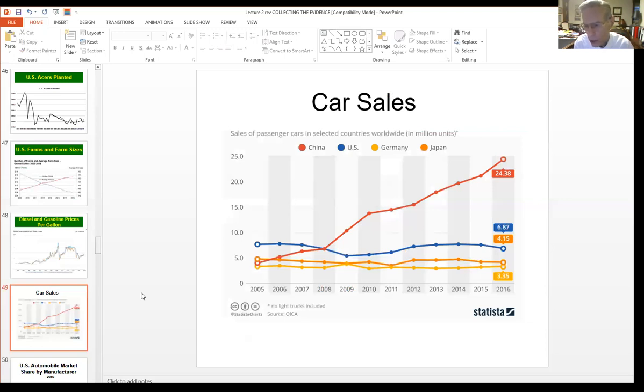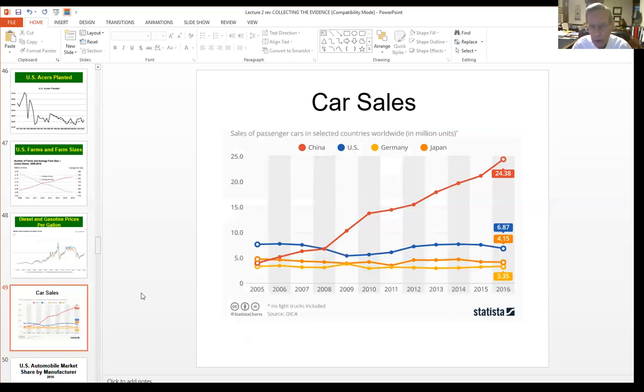And as you can see, the largest market by far, and this graph goes through 2016, is China, where some 24.5, almost 25 million cars were purchased. I might add that auto production is equally large in China. And these are cars that don't include light trucks. So the numbers are even lower than you would expect for the US.